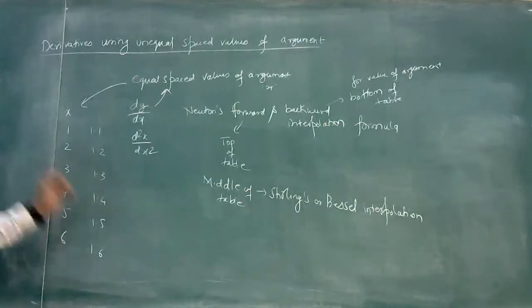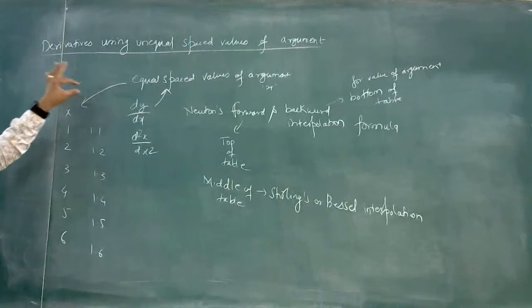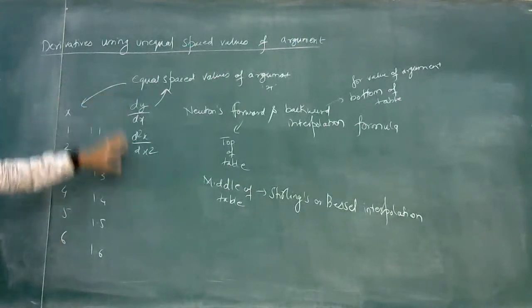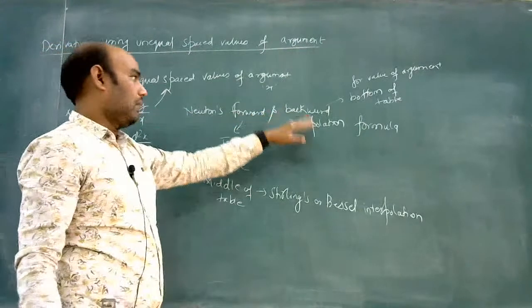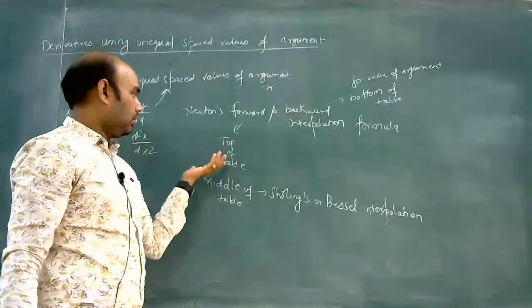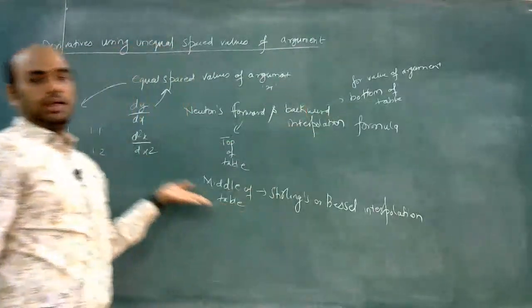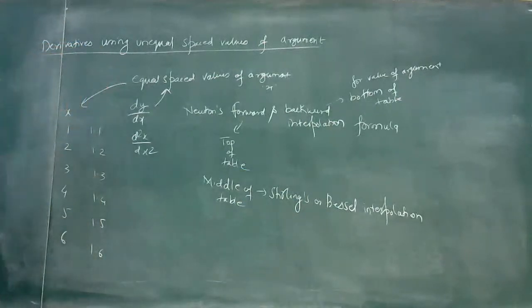So when equally spaced values of arguments are given, use Newton's forward and backward interpolation for the top and bottom of the table, and Stirling's and Bessel's formula for the middle of the table.